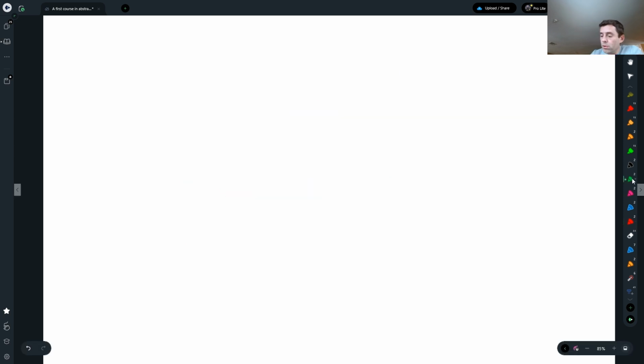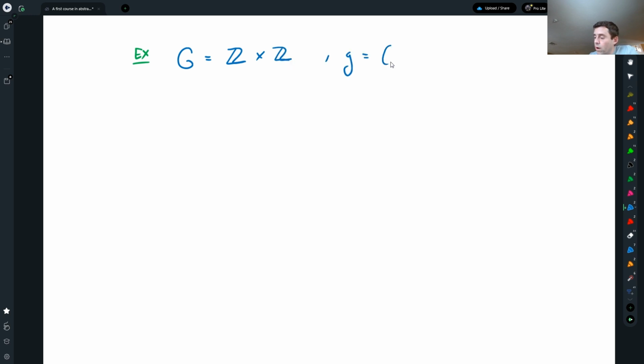Here's another example. I can now write G to be Z cross Z, and I'm going to take g to be (1, 0), and now I'm going to write a map that goes from the integers to the integers cross the integers, so the direct product, that sends n to the multiples of that one, so it's going to go to this element.